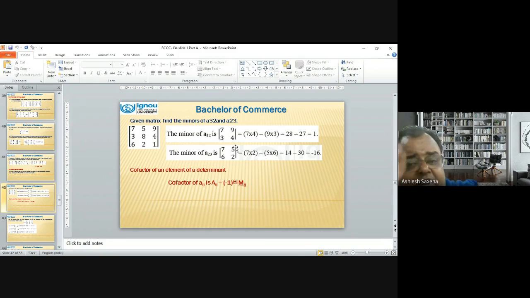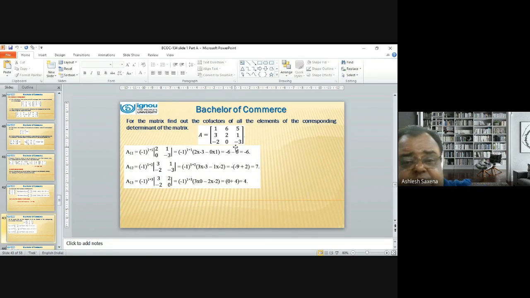This is an odd number. Wherever you get an odd number, multiply the minor by minus 1. Straight away from the minor, you get the cofactor. And if it is an even number, keep it as it is. Either it is minus 2 or 2, that doesn't make any difference.